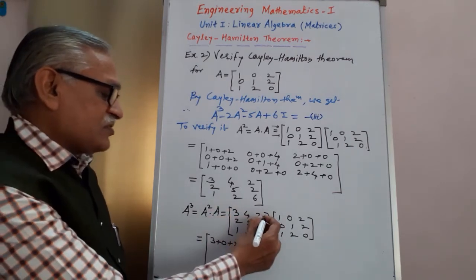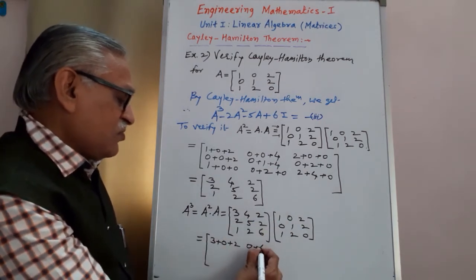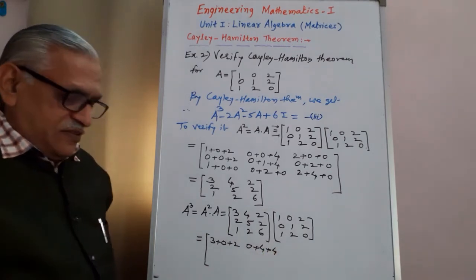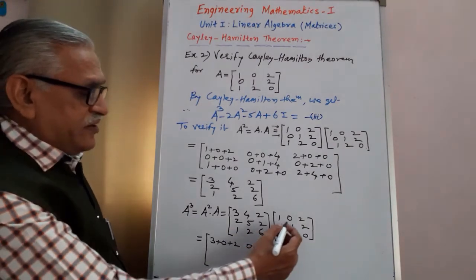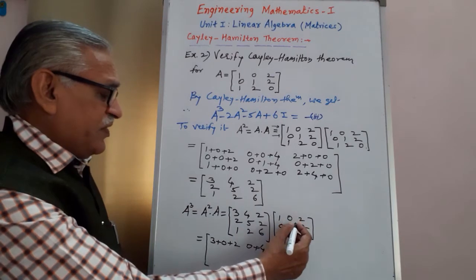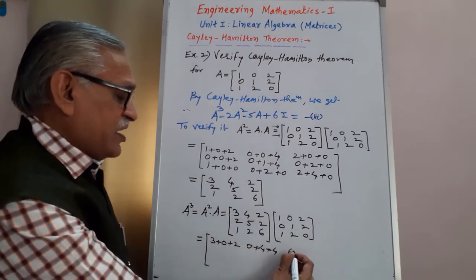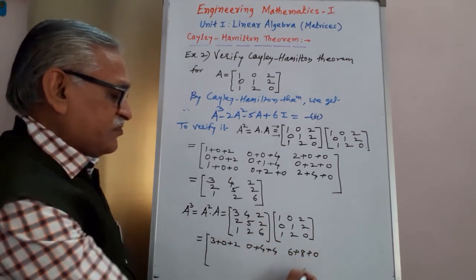Then by the first row to the second column, 0 plus 4 and plus 4. Then by the first row to the third column, we get 3 twos are 6, 4 twos are 8, and 2 into 0 we get 0.